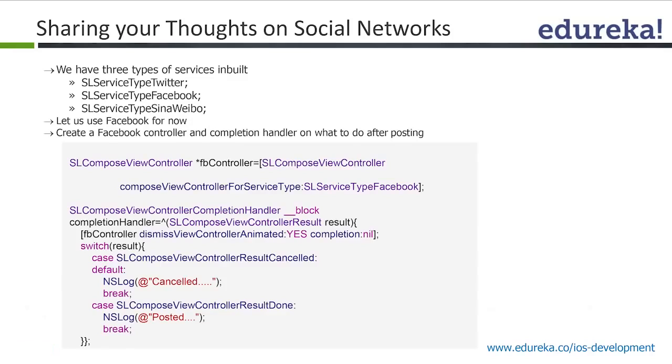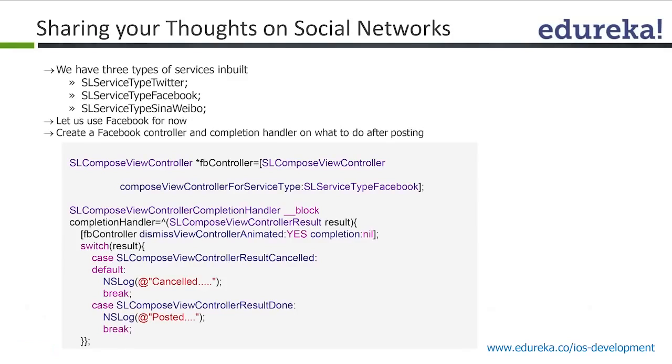Let's say we have created an FB controller, a Facebook controller, right now. You have to give the type for which you are going to compose. So you give the property SLServiceTypeFacebook, and after that you give what it should do whenever you get any interaction from the user. That is nothing but the completion handler. This is a kind of block. These are the blocks that you will be learning in depth in the sessions.